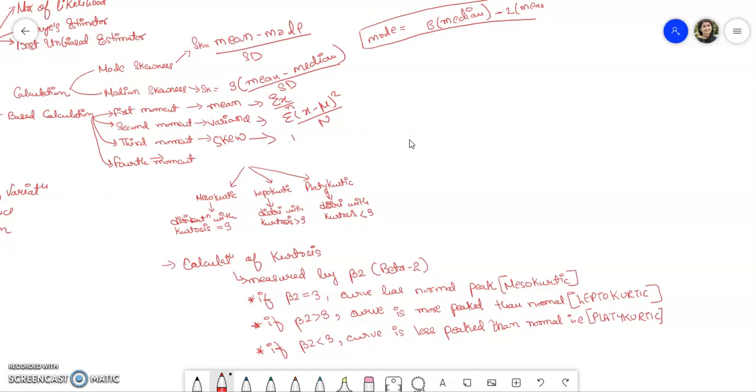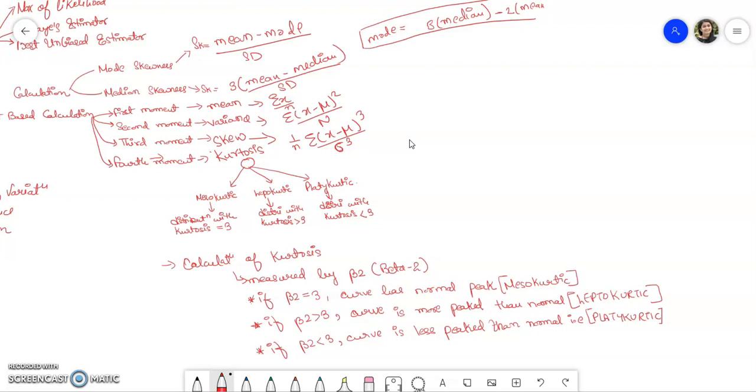The formula for calculating the skew is 1 by n summation of x minus mu whole cube, divided by the cube of standard deviation. Then the fourth moment is called kurtosis. I'll explain the formula for kurtosis later. First, you should know the types of kurtosis: mesokurtic, leptokurtic, and platykurtic. I'll first explain skewness, then we will slowly go into these things.